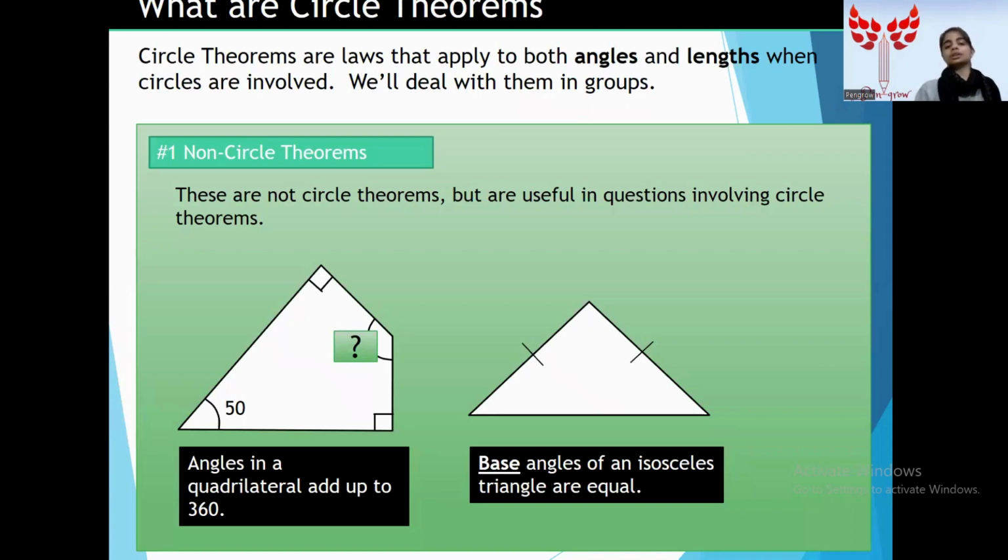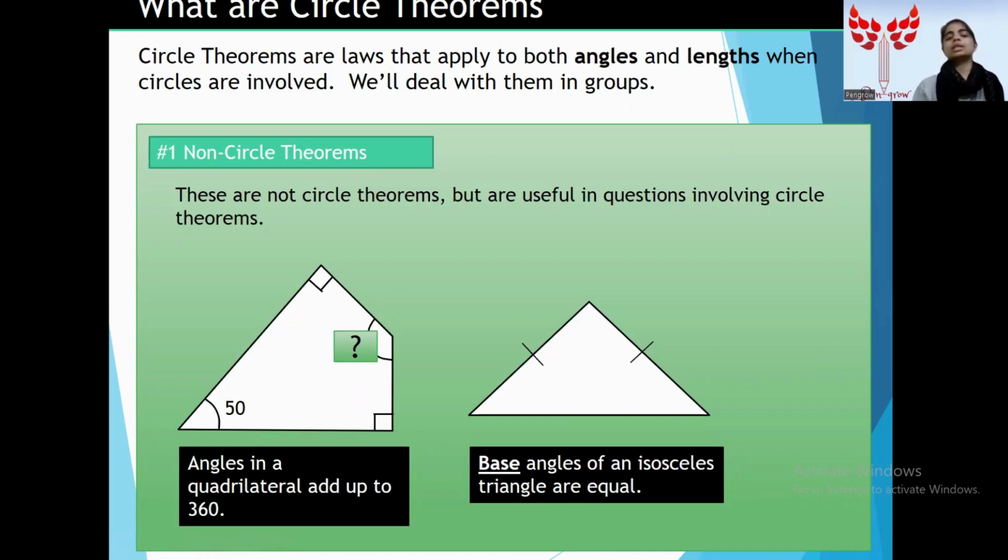All right, let's move further. So circle theorems, right? They are laws related to angles and lengths. And before diving into these laws, we need to see some non-circle theorem laws because they are going to come in handy once we start the circle theorem laws, right? So these are not circle theorems, but this is something you should know, right?